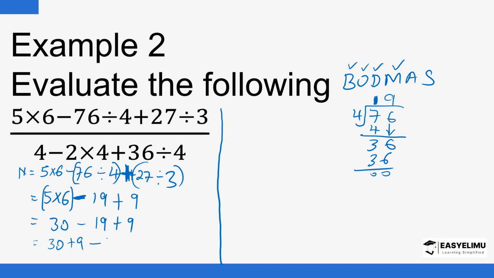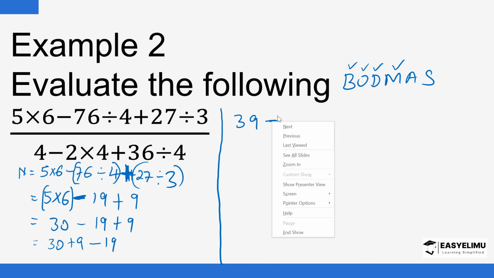And then we subtract 19. So that is going to be 30 plus 9 is 39. And then minus 19. So that is going to be 20.